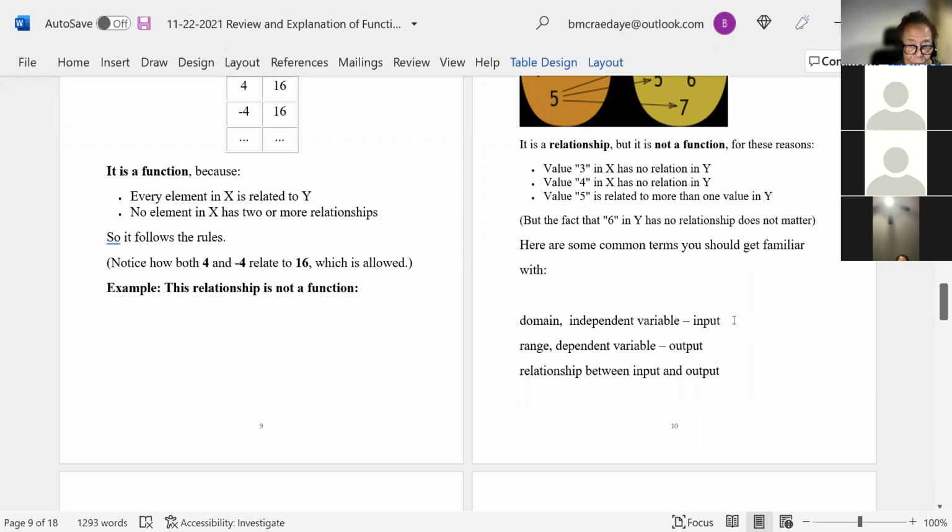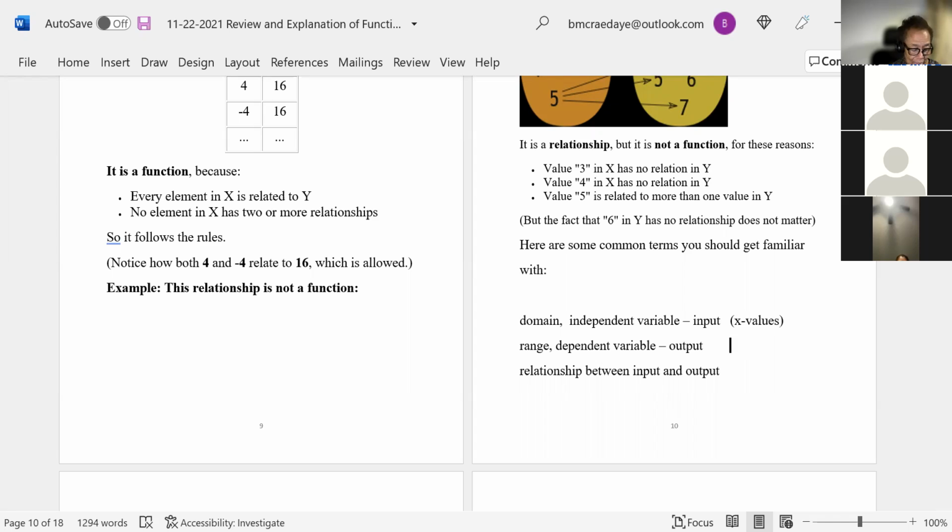You said the domain is the input value? The domain is the X values, which are the input, right? So when we're using Y and X, like on the coordinate grids, the domain would be the X values. The range would be the Y values.